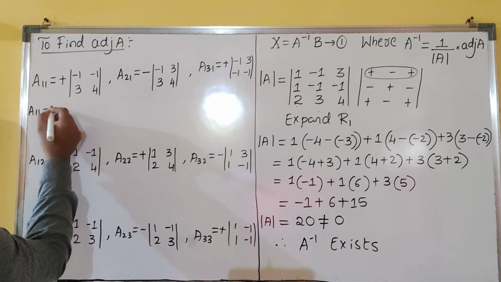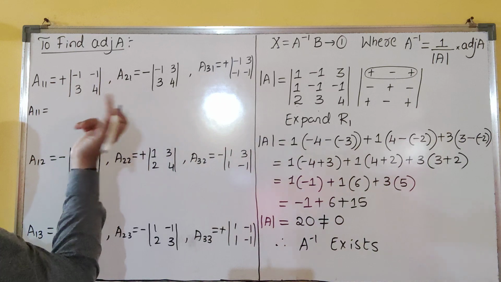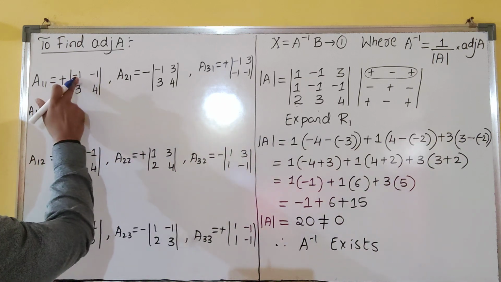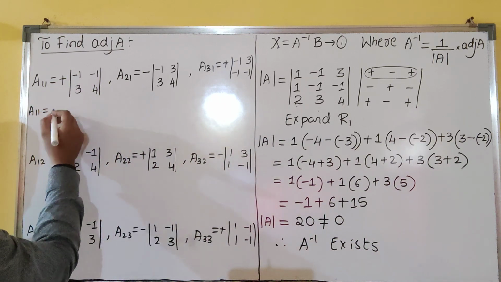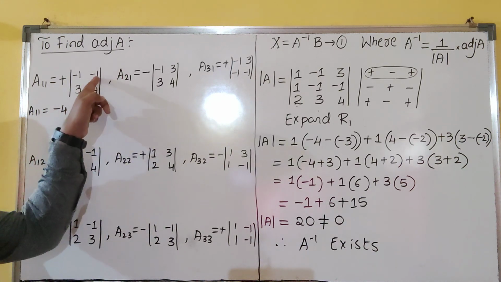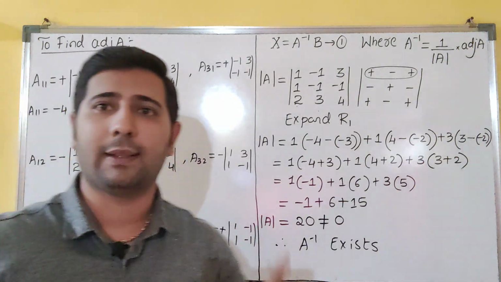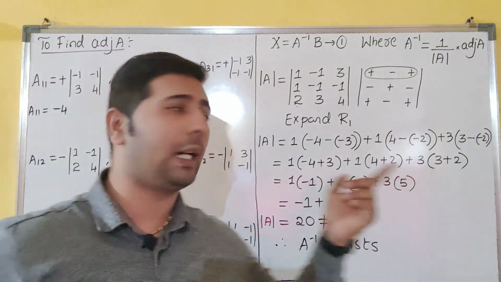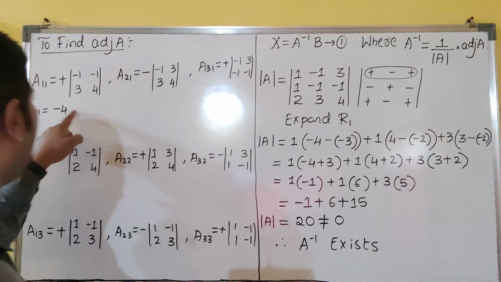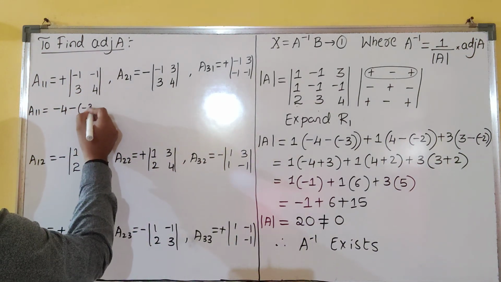So now see here, let us find A11. The plus sign, if you write it also fine, if you do not write it also doesn't make any difference. Directly I will write now: minus 1 into 4 is minus 4, dear students. When you are multiplying 3 and minus 1, I had already told you, don't forget, dear students, you write the minus first. 3 into minus 1 is minus 3.